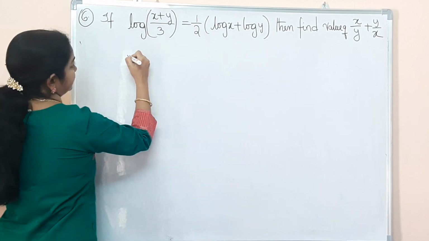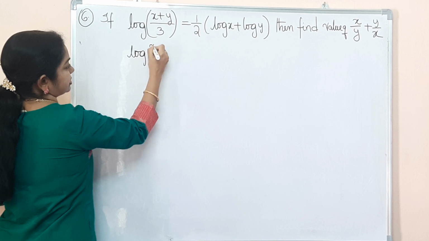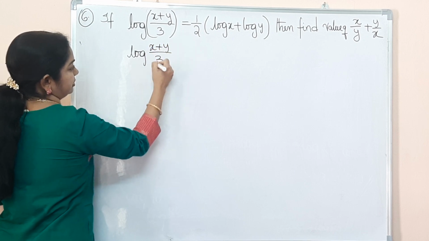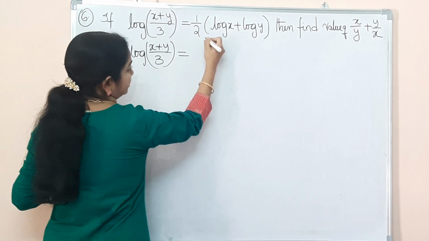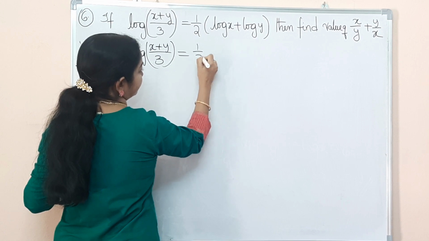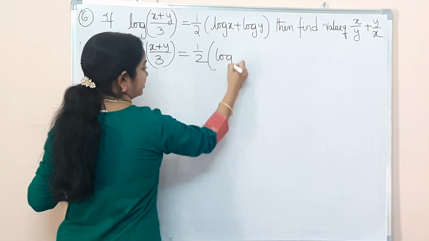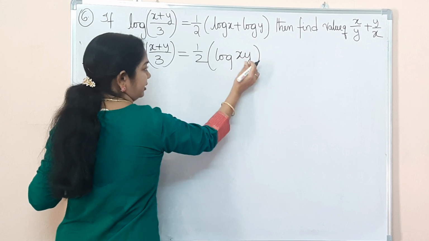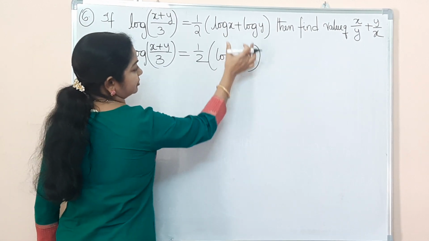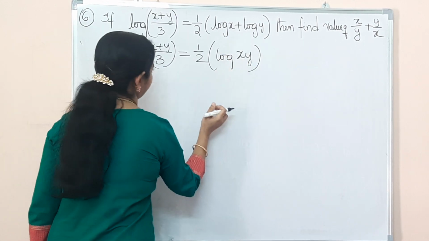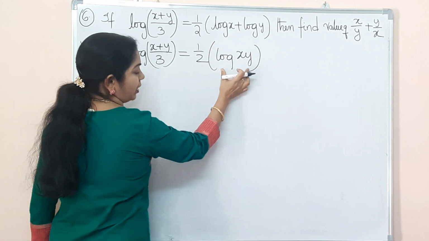So this side we can take as half log xy. Here addition, so we have brought it into multiplication, into 1 log form.